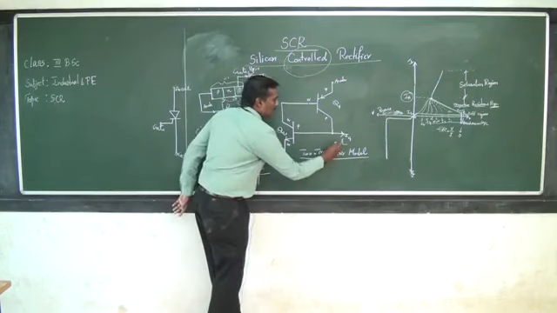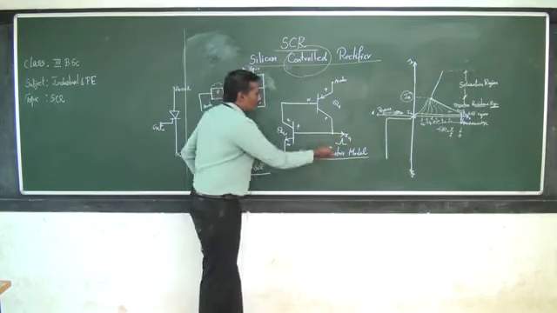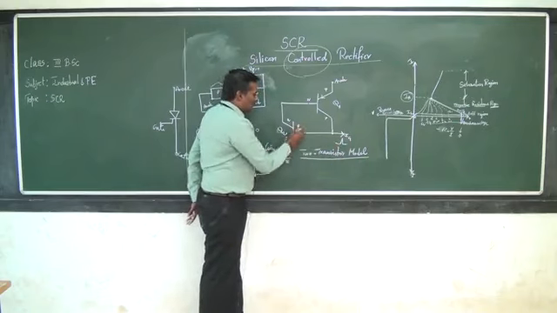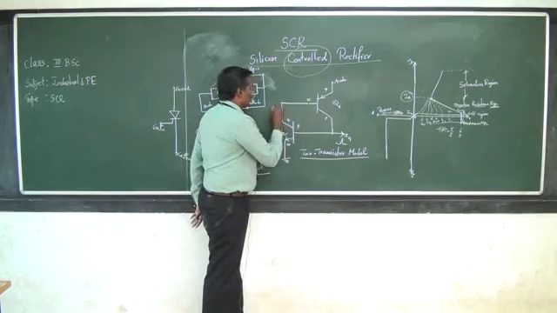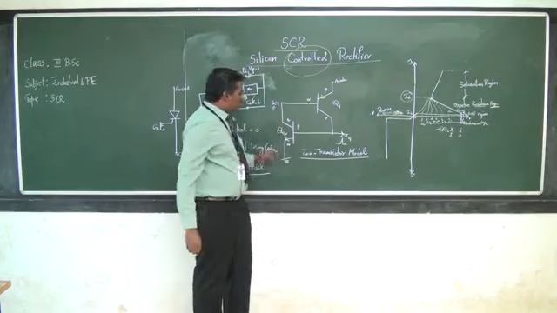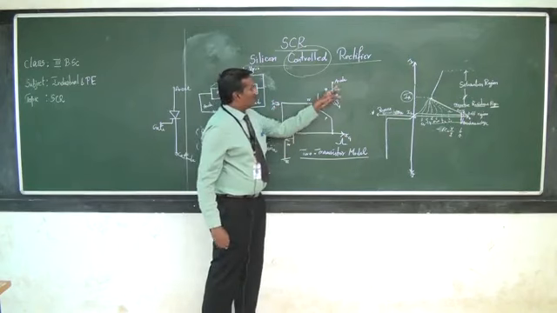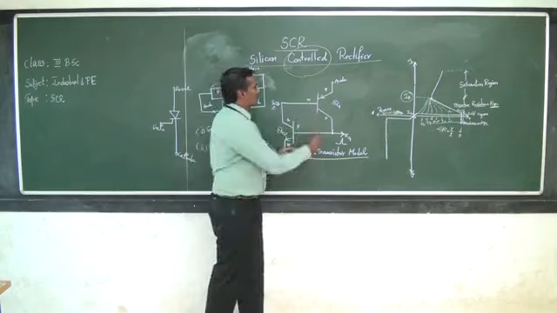When we apply a gate potential, that means gate current, to this SCR, positive is connected to positive and negative to negative. Therefore, this PN junction gets forward biased.